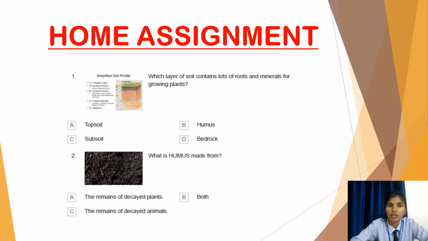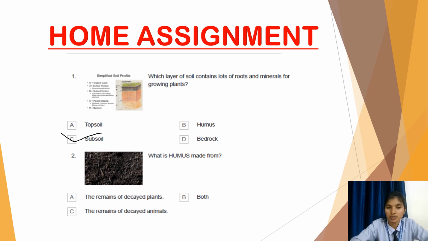Now quickly revise the questions and all of you write down these questions in your notebook. So, first question is, which layer of soil contains a lot of roots and minerals for growing plants? So, the correct answer is subsoil.